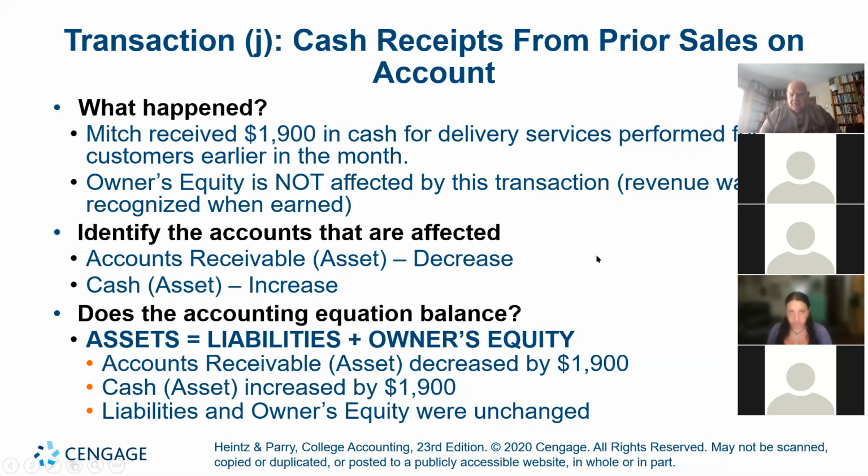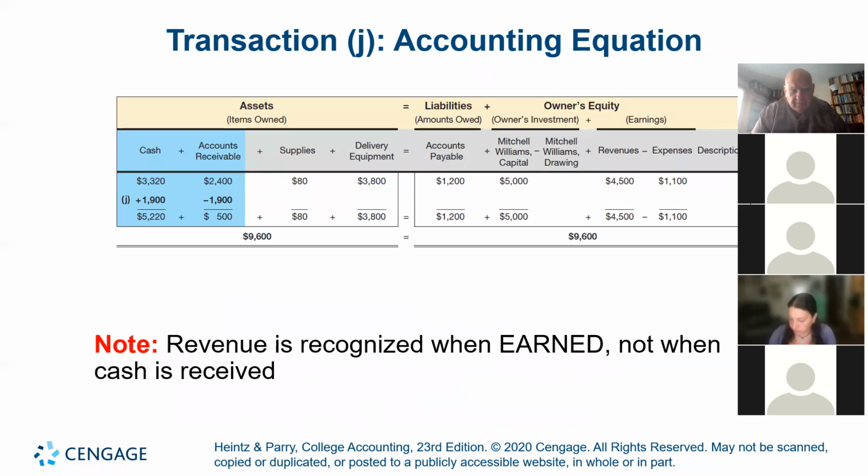We received $1,900 from this guy, so he does not owe us the $1,900 anymore. He paid part of his bill. And notice there's nothing here except the two assets. Cash went up $1,900. Accounts receivable went down $1,900.